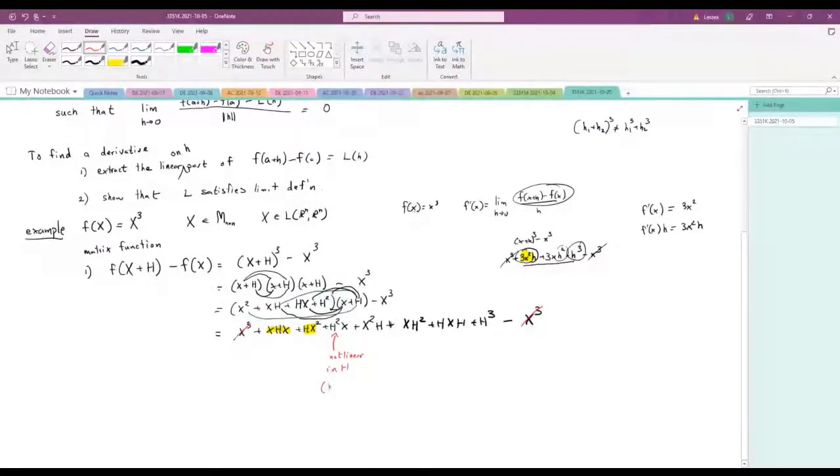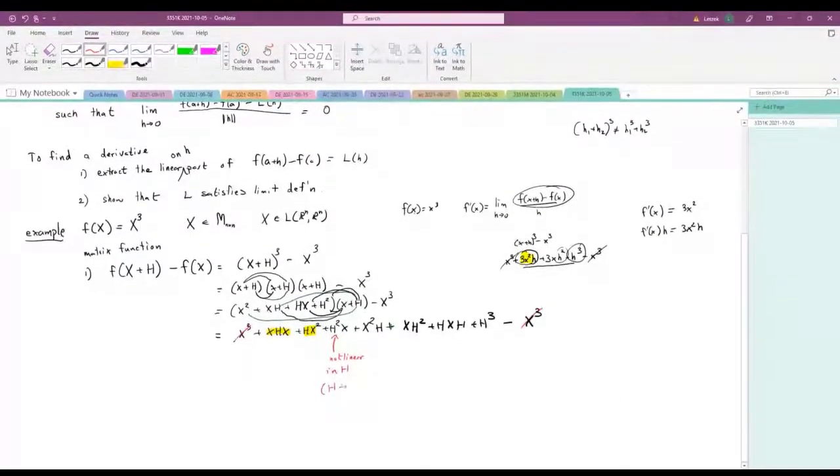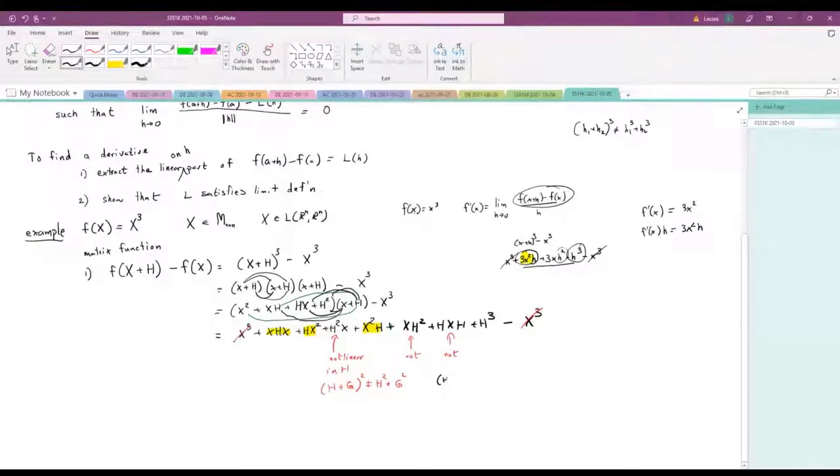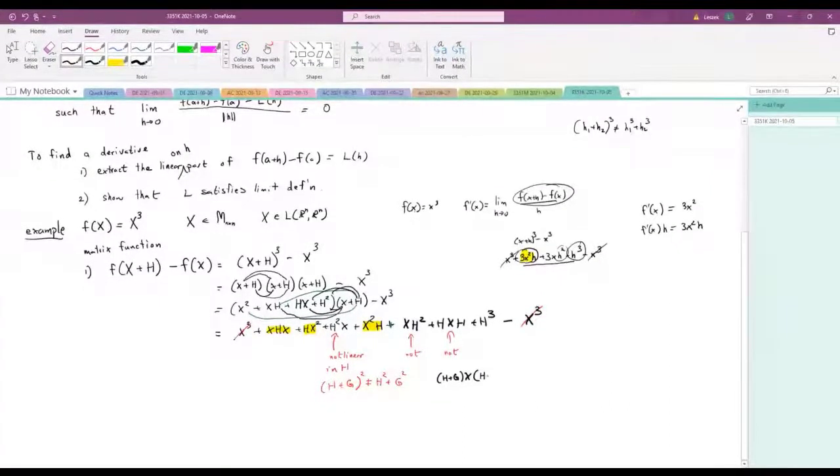Again, because h plus g, say, a matrix squared is not the same thing. This is linear in h. This is not linear, and maybe you can try to see why that is. h plus g times x times h plus g.